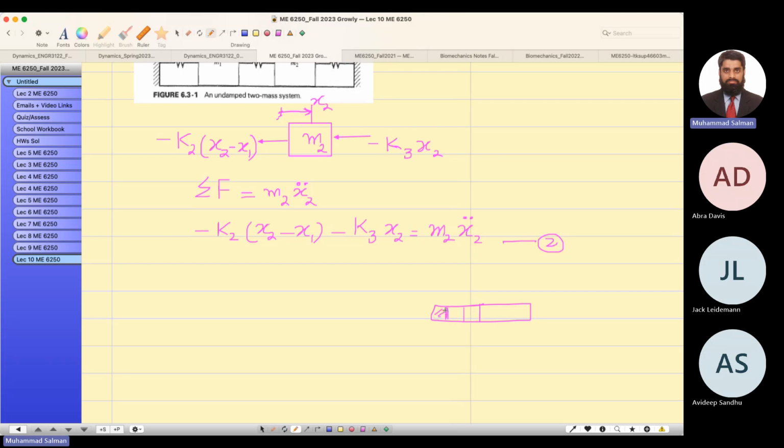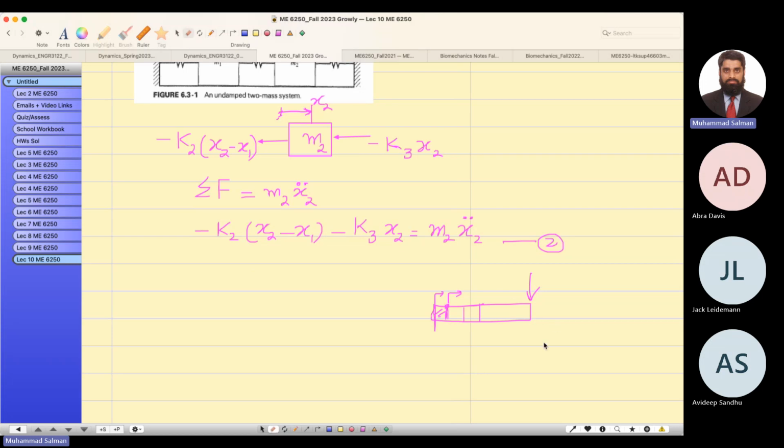So this node moves to the right, this moves to the right. So you have to do finite element analysis on a continuous body. Like if the force is acting on this member, how would you experience force on the other end using finite element analysis? We will do that one too.